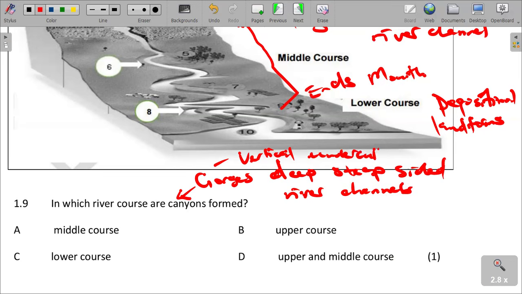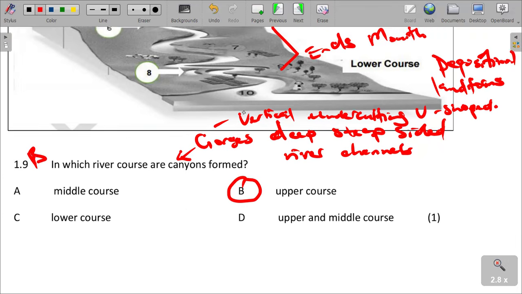Like I said, vertical undercutting results in the formation of V-shaped valleys, V-shaped streams. These landforms are dominant in the upper course of the river channel. That is the correct answer.